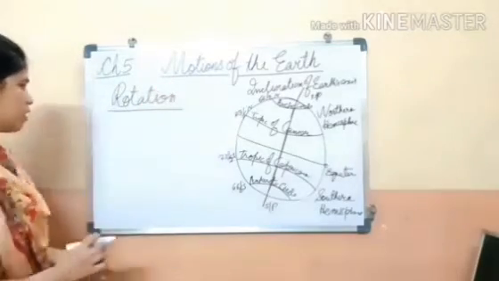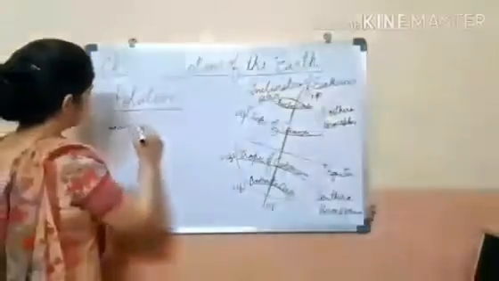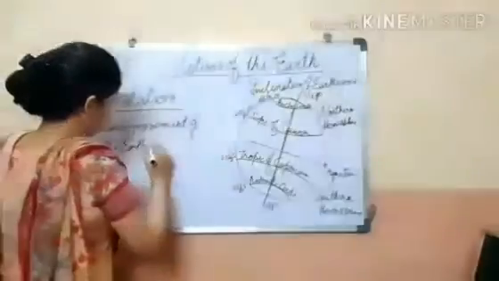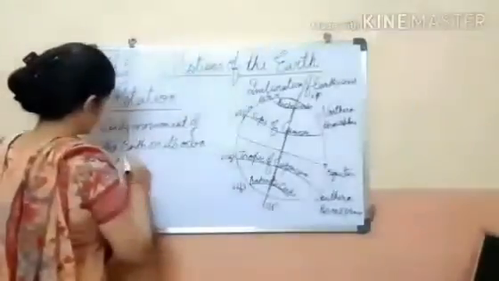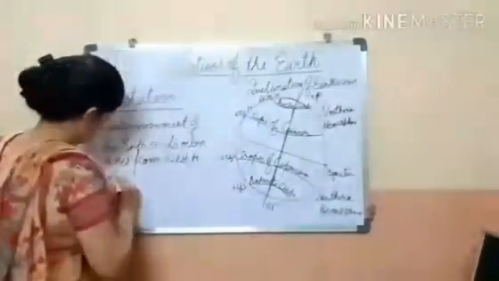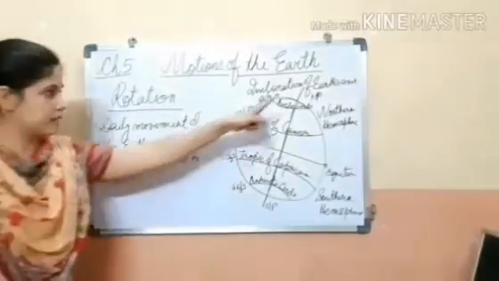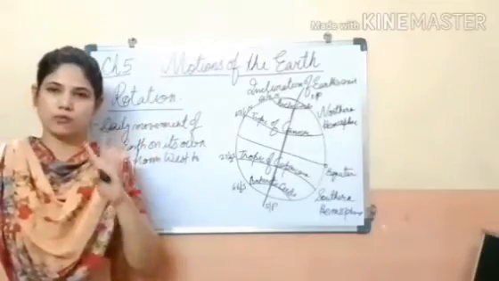So what can we define rotation as? Rotation is the daily spinning movement of the earth on its own axis from west to east. Now one complete rotation the earth takes 24 hours.